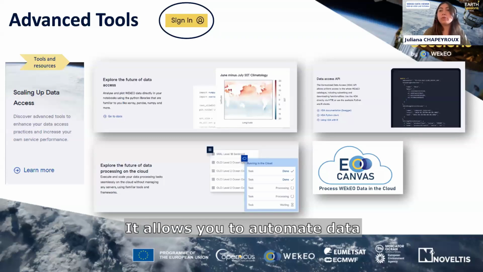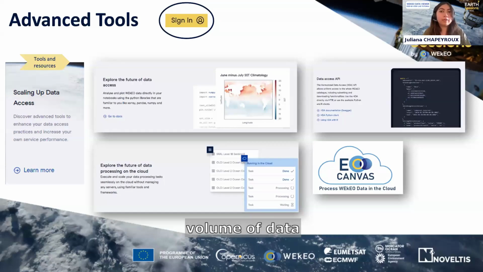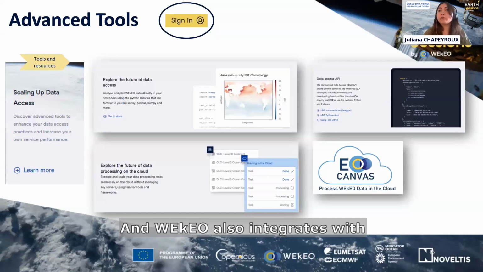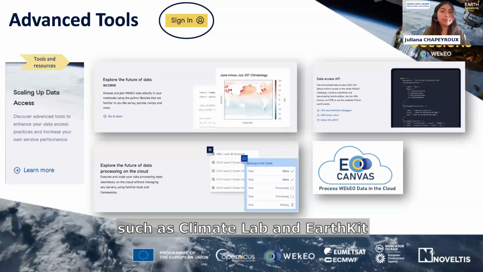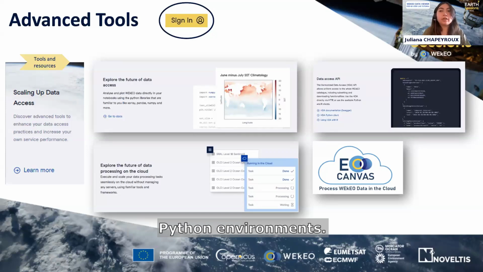It allows you to automate data retrieval and efficiently handle large volumes of data without switching between platforms. And WEkEO also integrates with plugins such as Climate Lab and EarthKit to simplify data handling in Python environments.